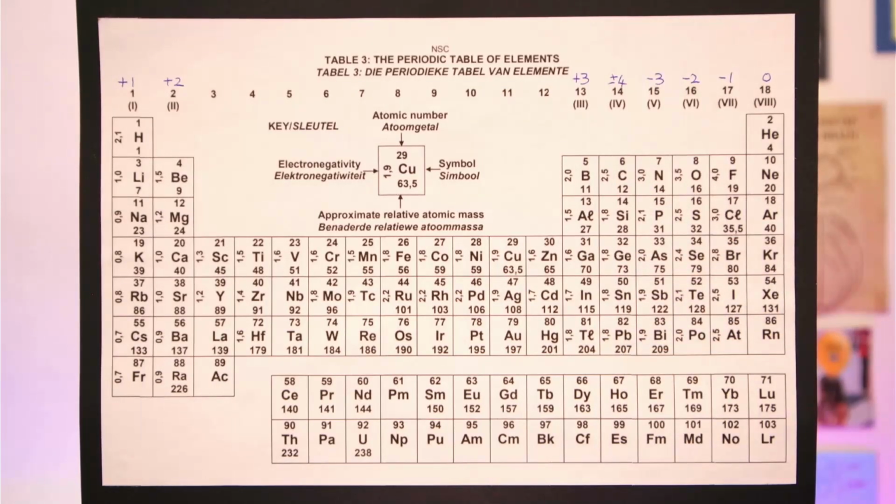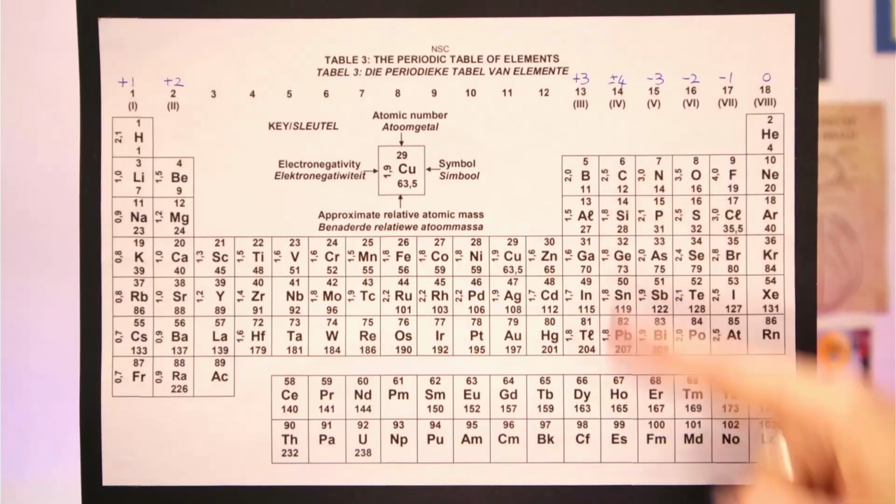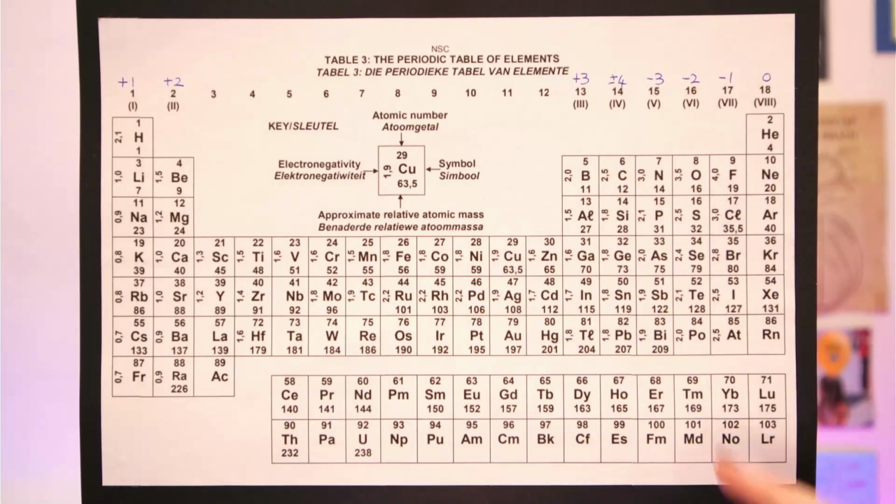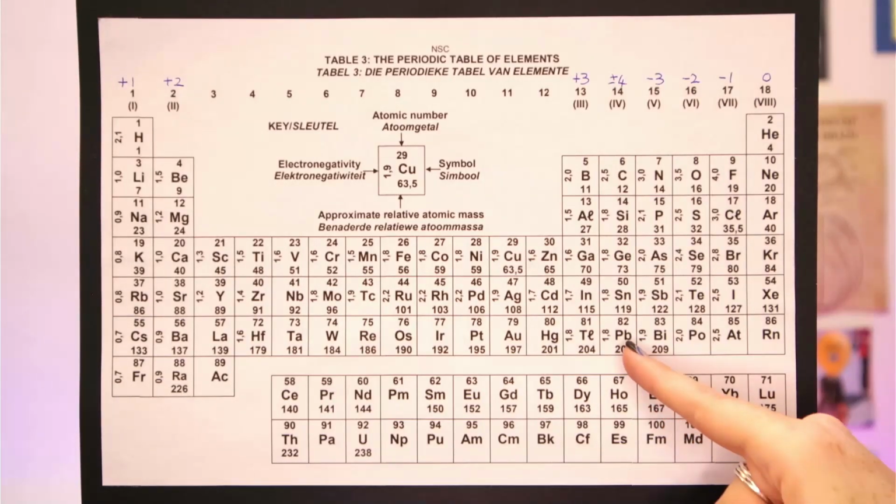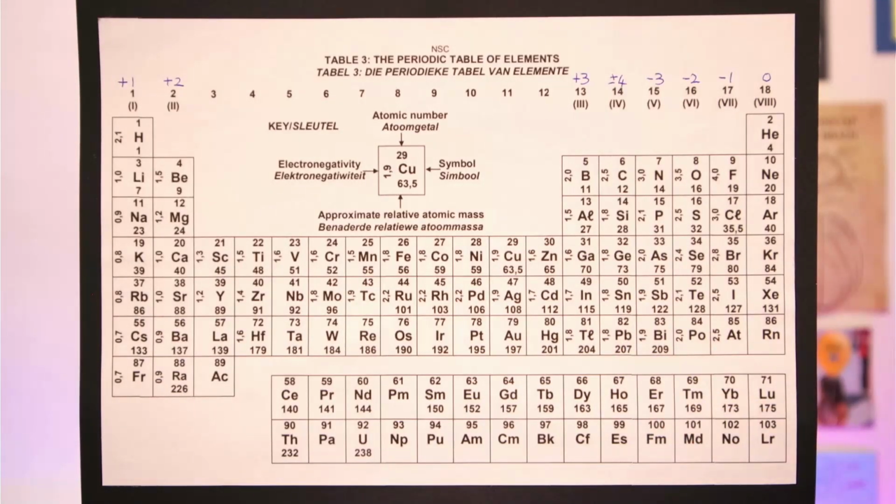For example, carbon, which is a non-metal, can have either a charge of +4 or -4 depending on what it is bonded to. But generally, we use a charge of -4 for carbon. Now, for metals in group 4, such as Pb, which is lead, metals only form positive ions, so the metals in group 4 would have a charge of +4.